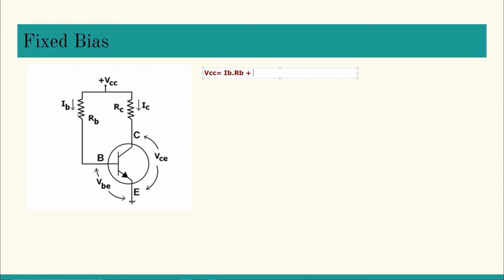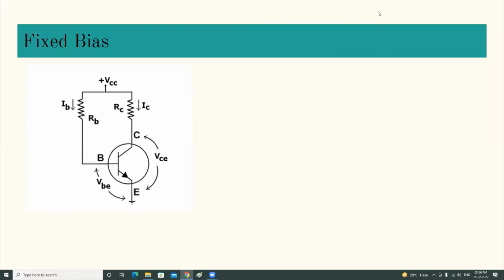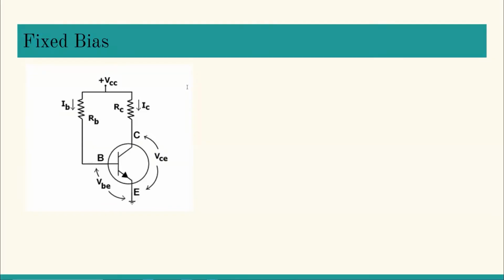So in this left hand side loop, what will you get? VCC is equal to IB RB, and then you get VBE. I will repeat once again.